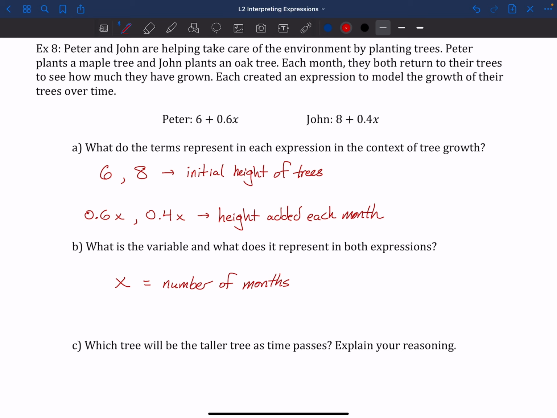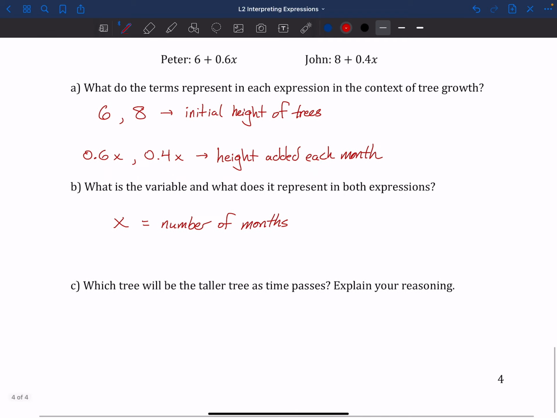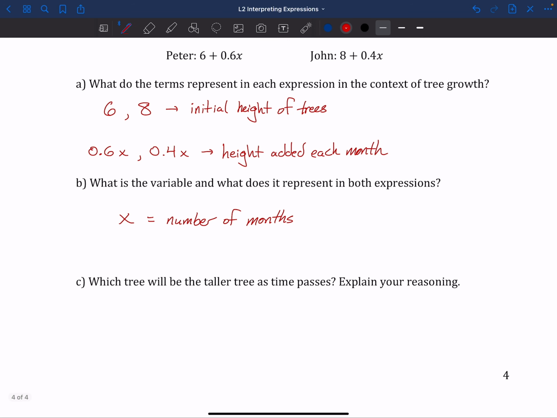Last but not least, which tree will be the taller tree as time passes? Explain your reasoning. Let's think about it. Peter's started at 6 feet and is growing by 0.6 feet per month. John's started at 8 feet but is growing 0.4 feet per month. Peter's tree started out a little bit smaller but is growing faster. John's tree started out a little bigger but isn't growing quite as fast.